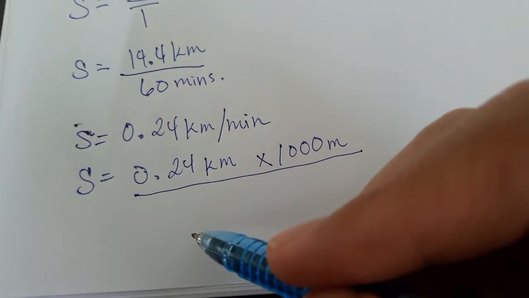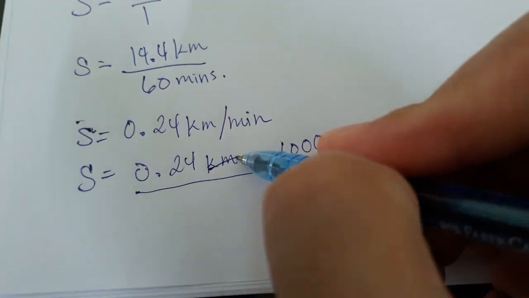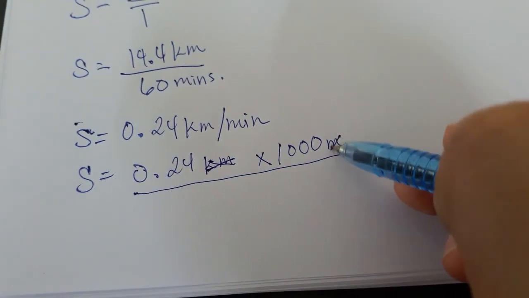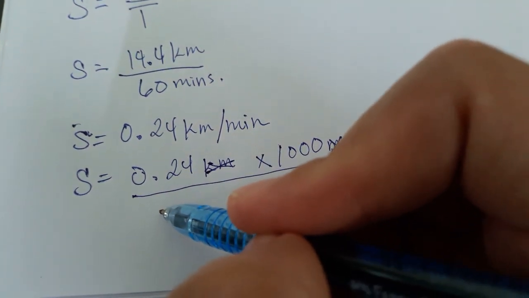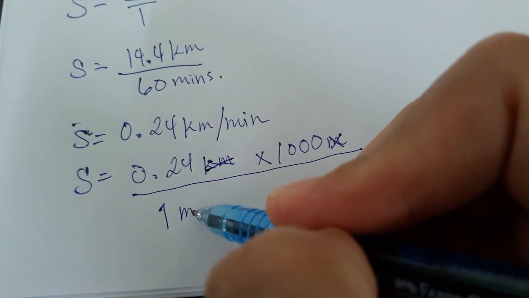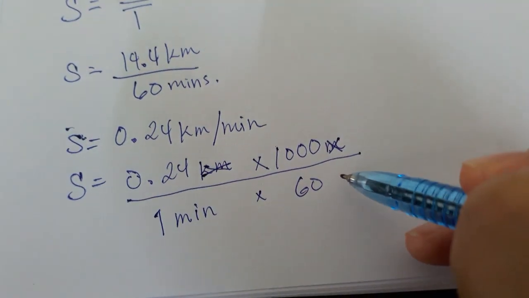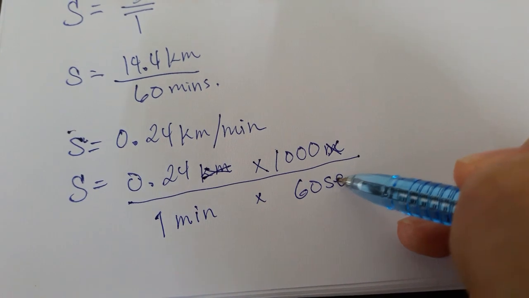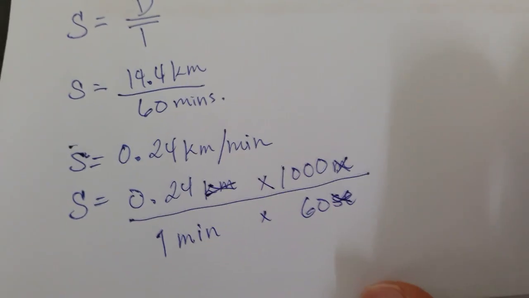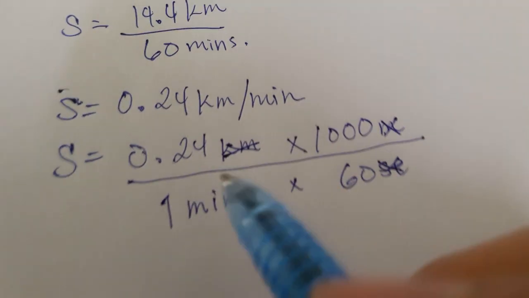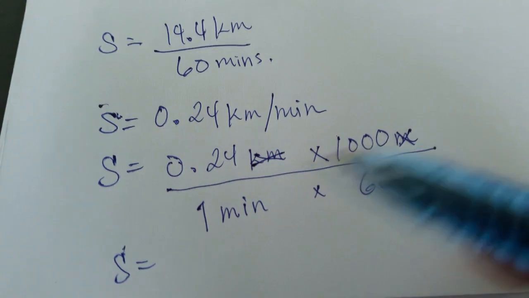Let's forget about the unit first. And then in 1 minute there are 60 seconds.